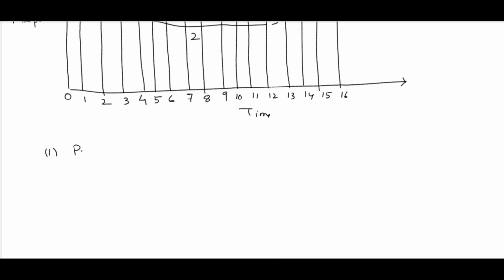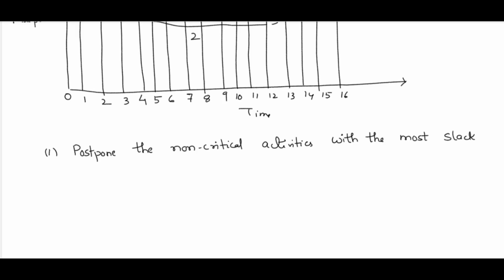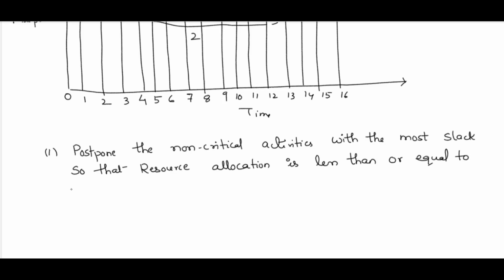Number one, first of all, postpone the non-critical activities with the most slack, so that resource allocation is less than or equal to the manpower limit.